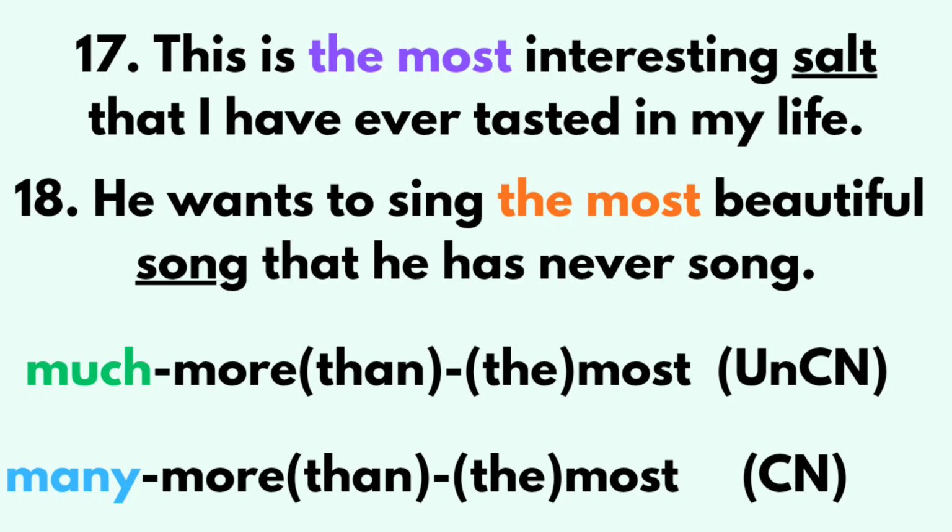If the meaning makes sense, then raise the questions how much or how many. If the quantifier suits the question how many, then it is related to a countable noun, right? That's how you will be able to identify quantifiers. So don't get confused, you practice, okay?